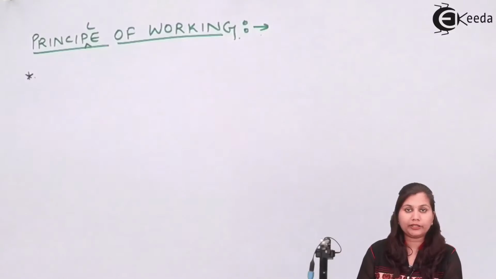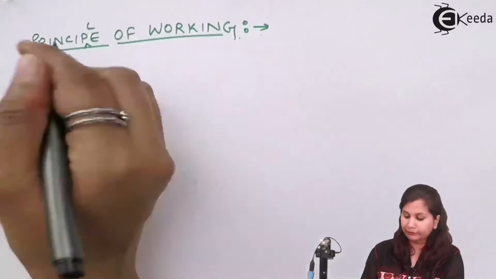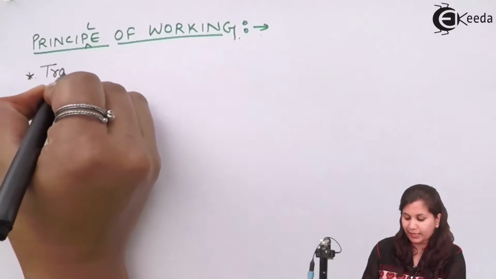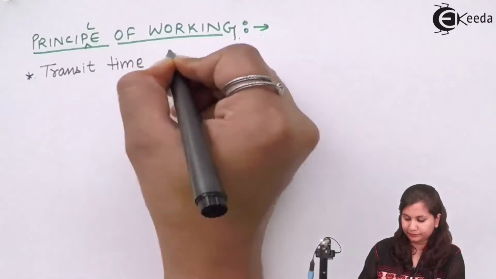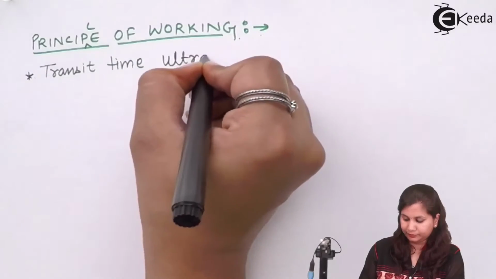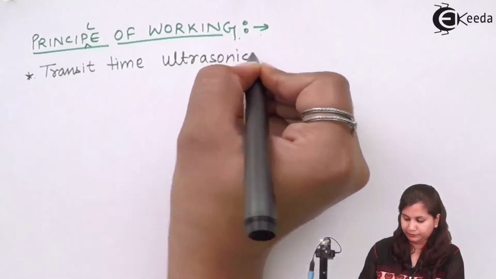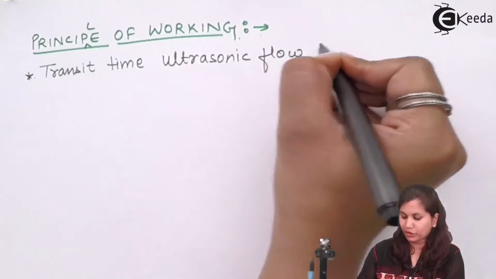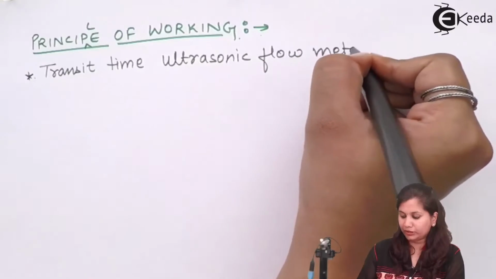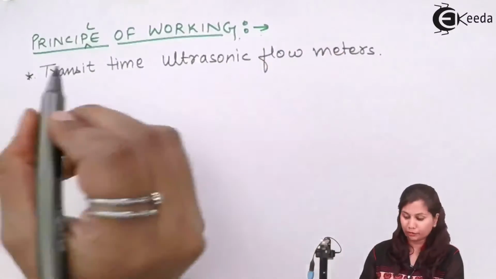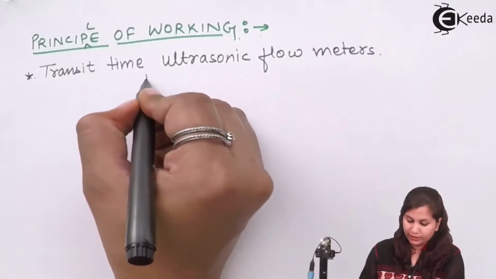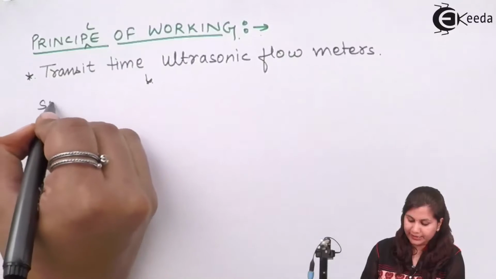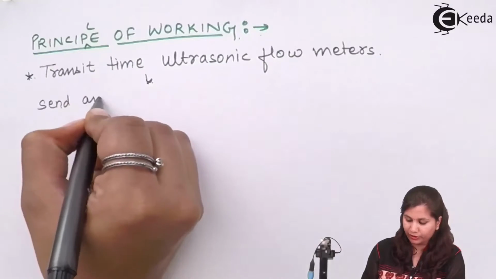Now the ultrasonic flow meters which use the principle of measuring the transit time are known as the transit time ultrasonic flow meters, because they determine the flow by measuring the transit time. Now in these flow meters, they send and receive the ultrasonic waves.